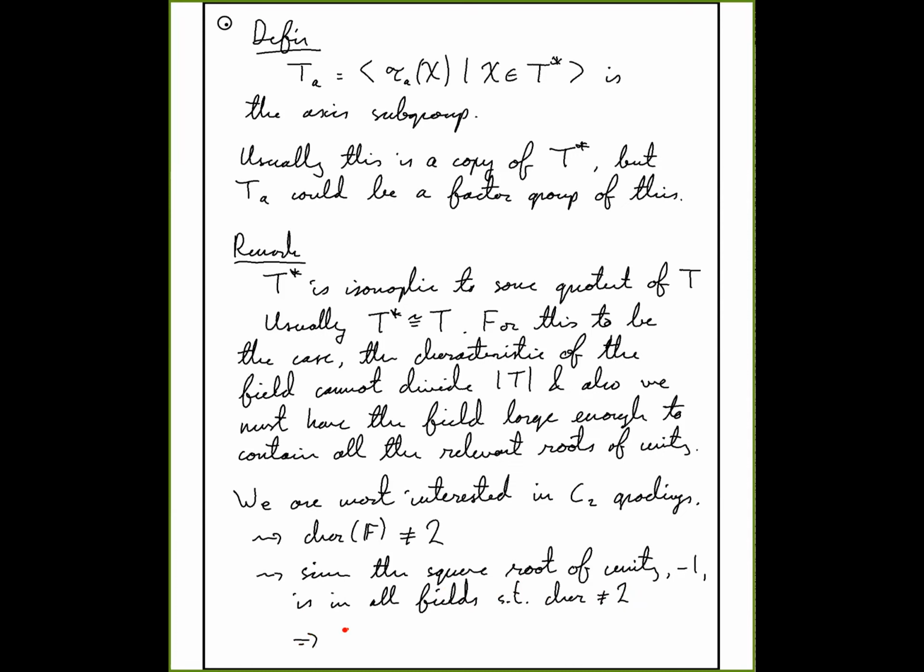And the reason why, I can be explicit about in just a minute. So let's just think, again, for T equals C2, characteristic of the field not equal to 2, there are 2 linear characters. There's the trivial character and the sign character.